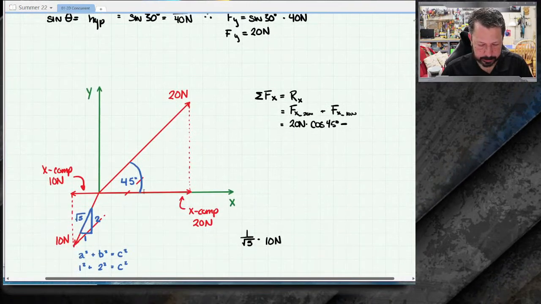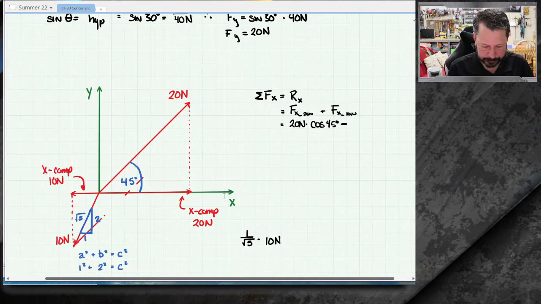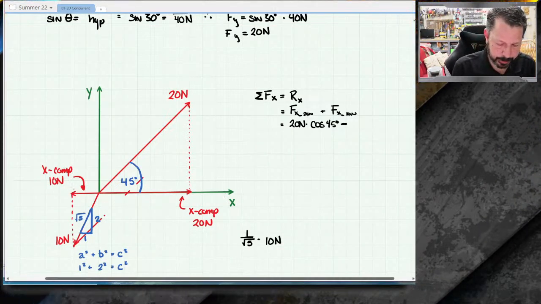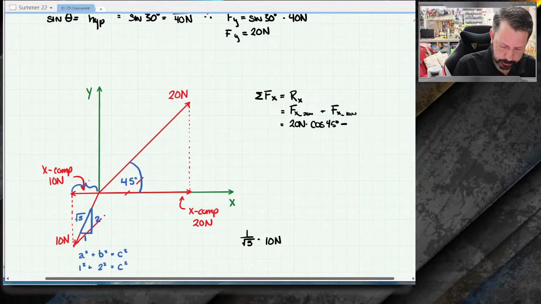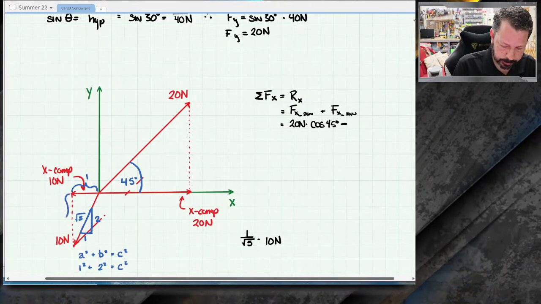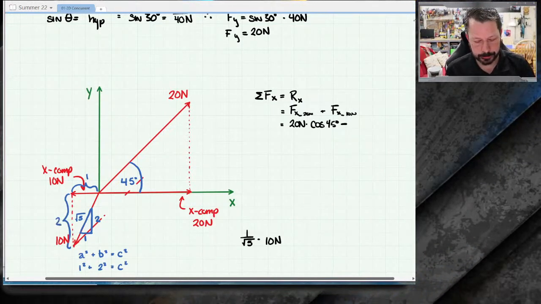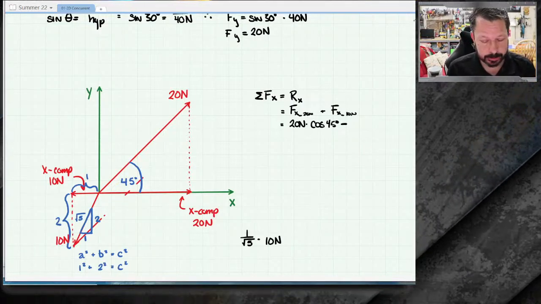Adjacent side, well, the way I drew it, it's kind of upside down from the 1 and 2. So the same ratio would be, let's put it in blue, this guy, by similar triangles, those would be the same ratios, right? 1 over 2, and then the 10 newtons would be the same ratio as the square root of 5.